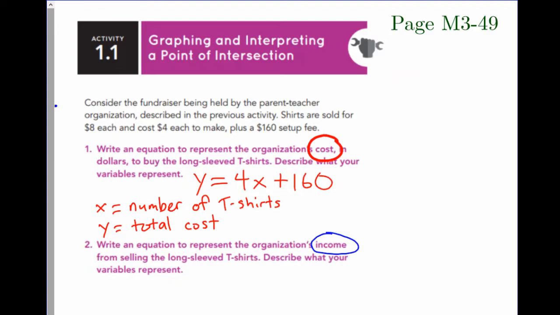It's literally just going to have Y will still be our total, except this time it's total money made, and X is still the number of shirts.